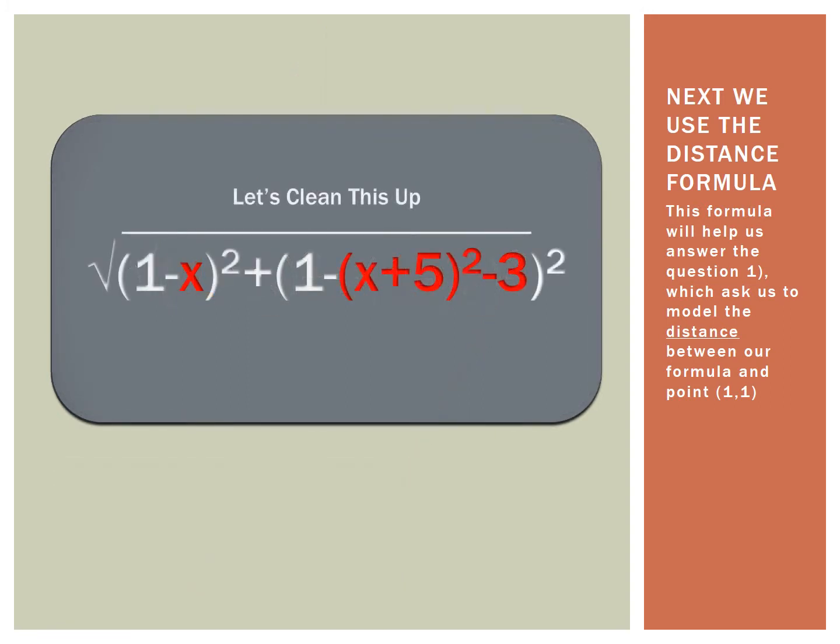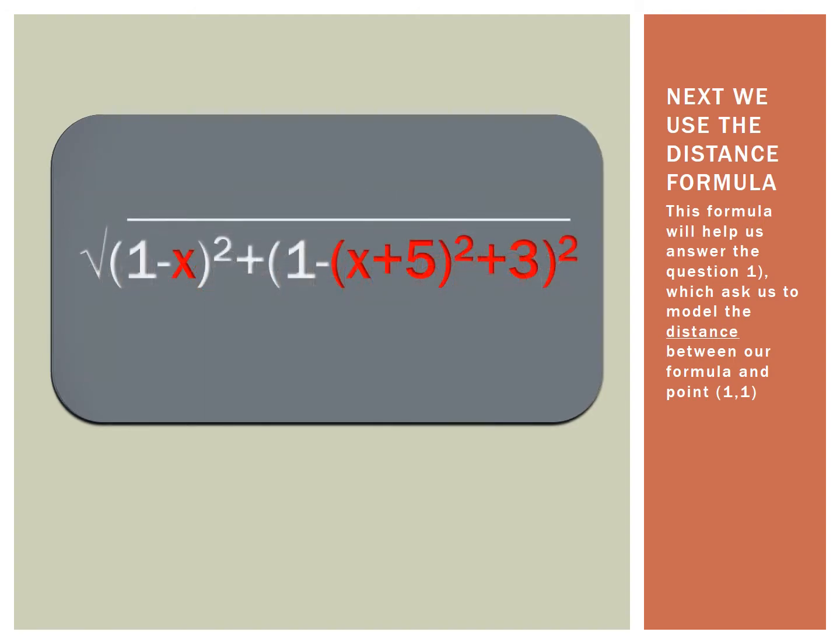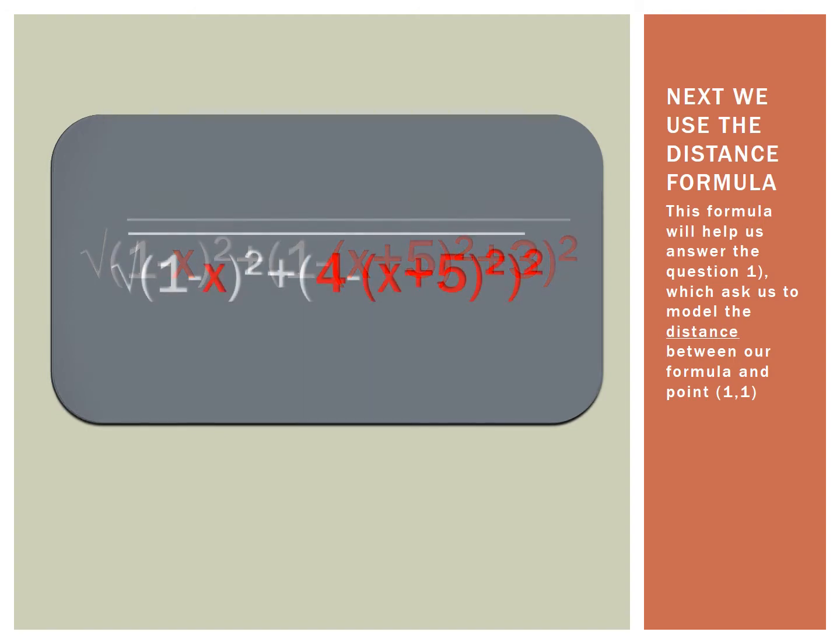Alright, so let's clean this up a little bit because we have kind of a messy thing. So first thing we're going to do is distribute our negative. Now that our negative is distributed, we can combine like terms. Now we end up with a function that is as simple as it can get.